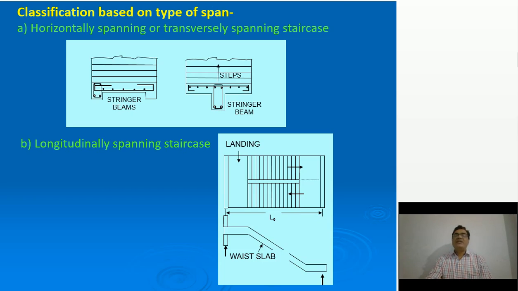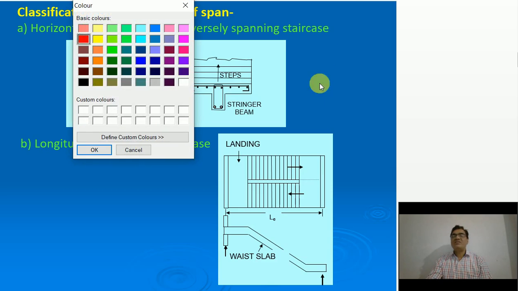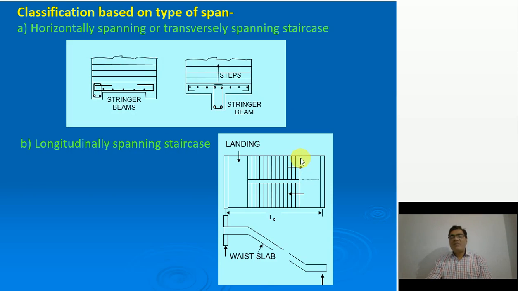Now it is also possible that the location of the beam may be different. For example, we may provide a beam somewhere here.